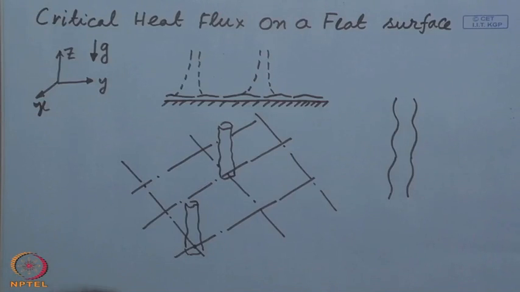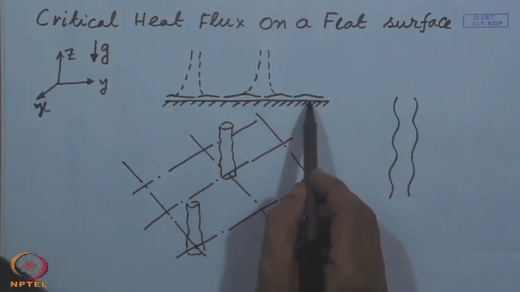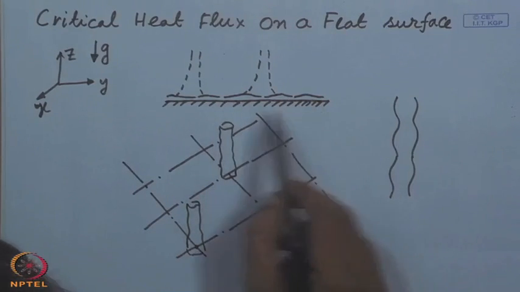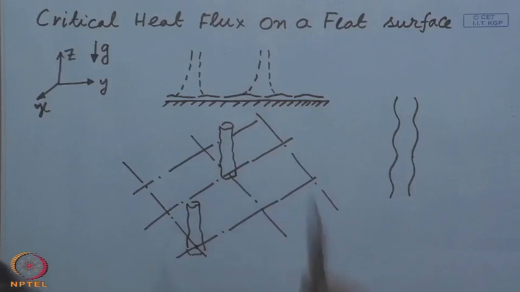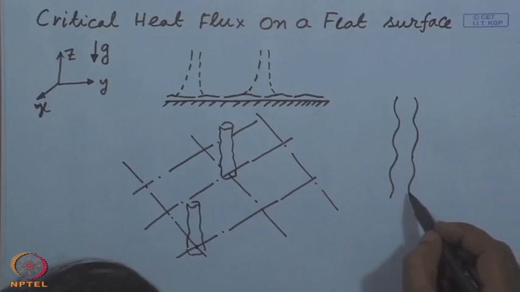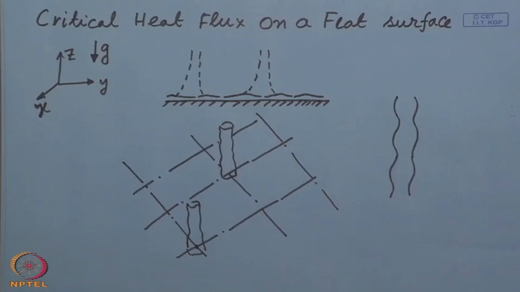So, you see there are two instabilities operational here. First, a low density fluid, that is the vapor, is attached to the surface, and above it is a high density fluid, that is the liquid. This gives rise to an instability known as Taylor instability. On the other hand, the vapor jets are moving in the upward direction, so they will have a relatively high velocity compared to the surrounding liquid.